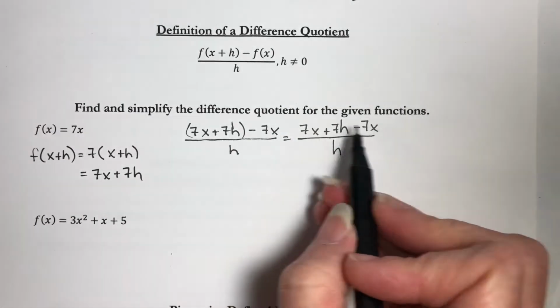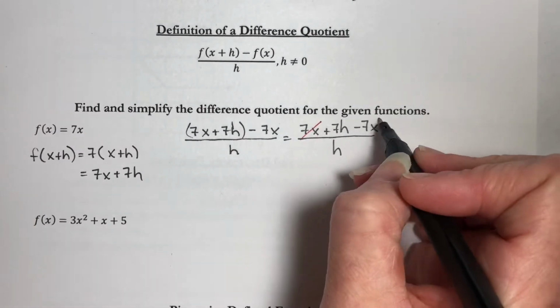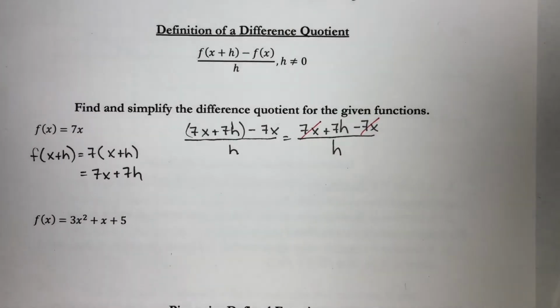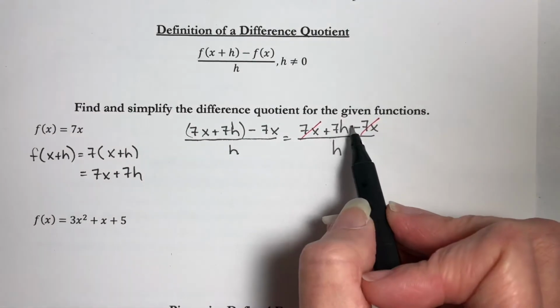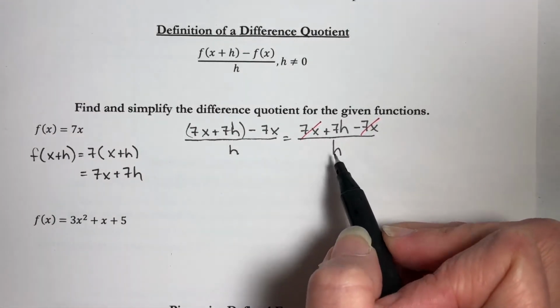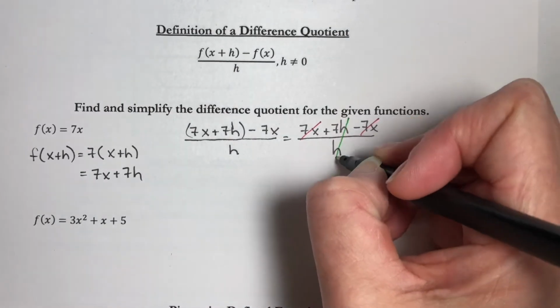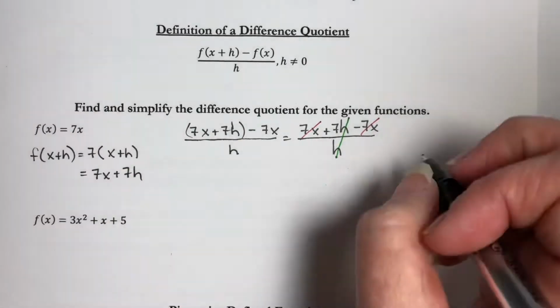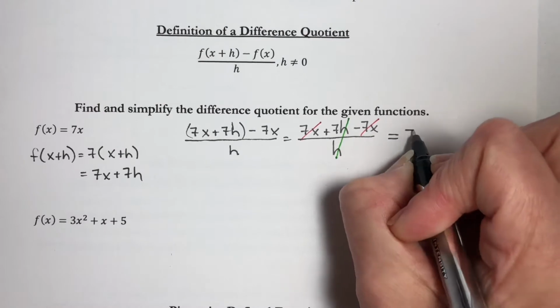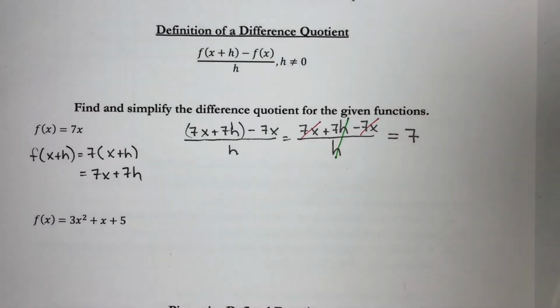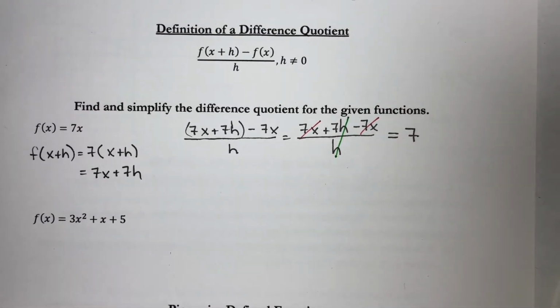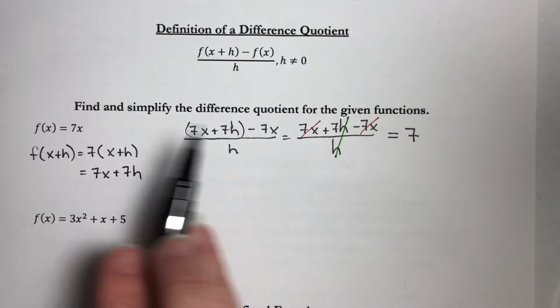And here I have 7x minus 7x, so that goes away. So I have simply 7h over h, and we can cancel out those h's. And the difference quotient is exactly 7. If you took calculus, the derivative of this is 7.